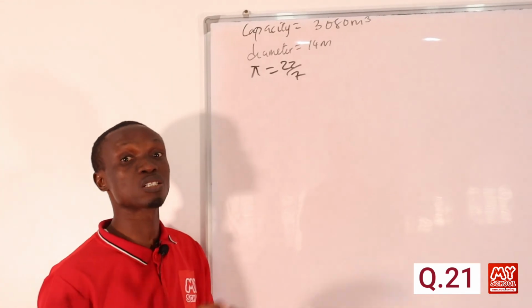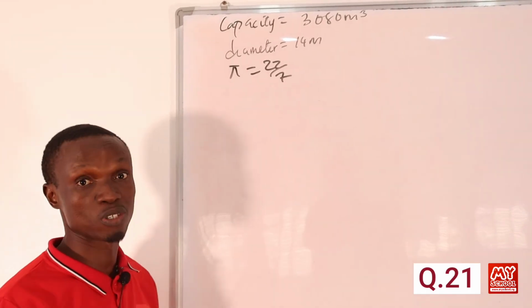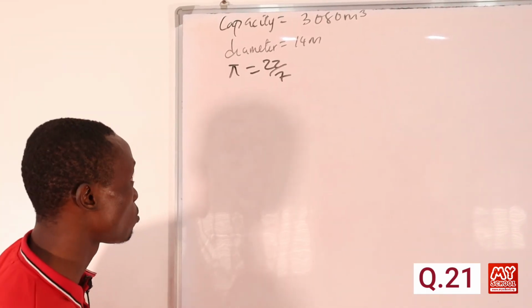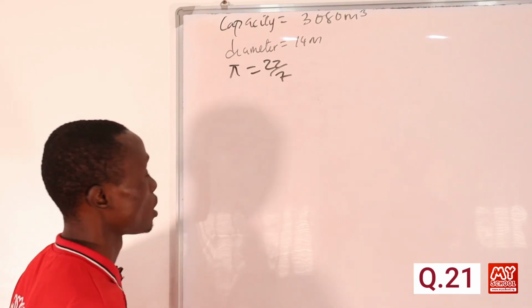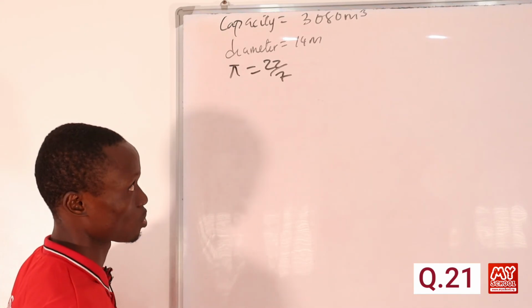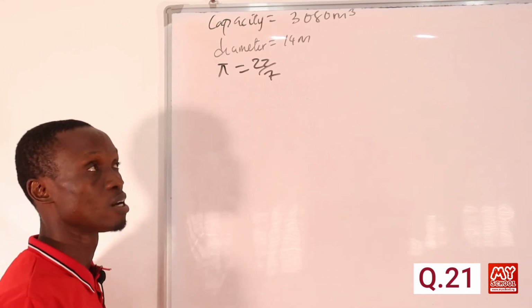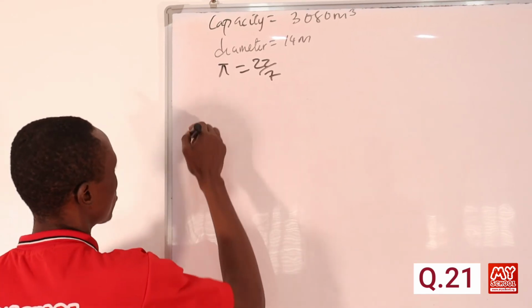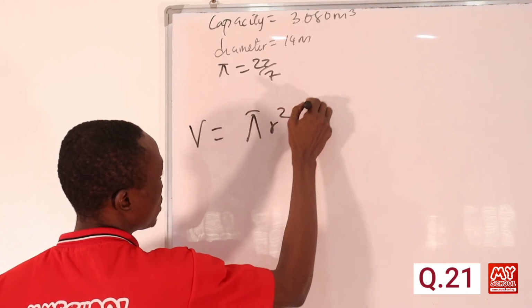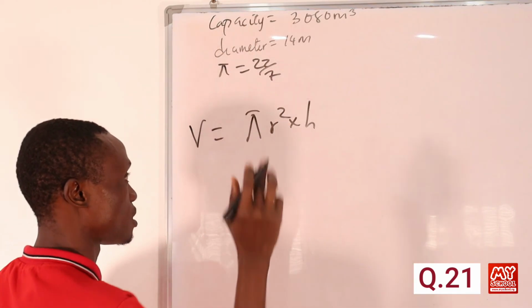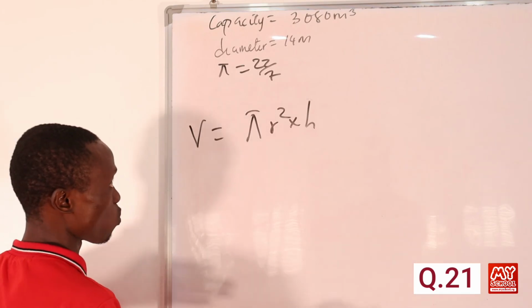So capacity here, basically they are talking about the volume of the cylindrical tank. Okay, and the formula for calculating the volume of a cylindrical tank is equal to the base area times height. Okay, and the base of a cylinder is simply a circle. So volume is equal to pi r squared times the height. The height actually represents the depth that they are talking about in the question.